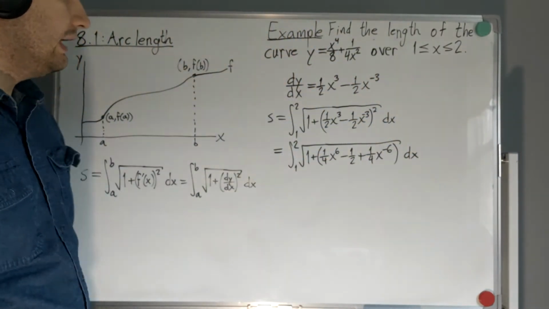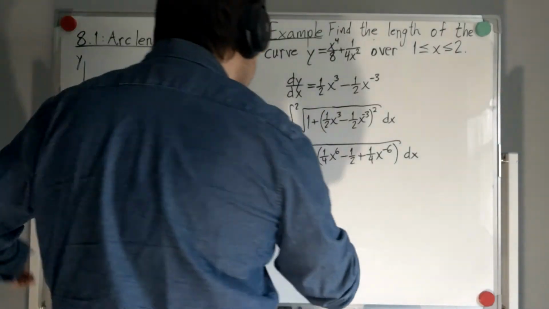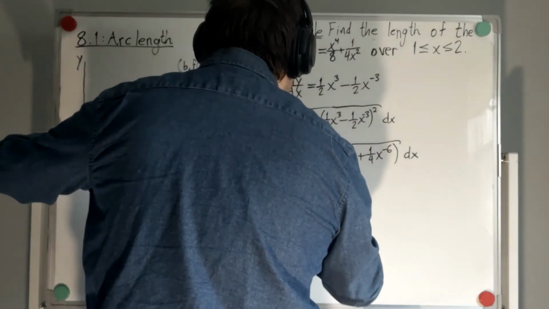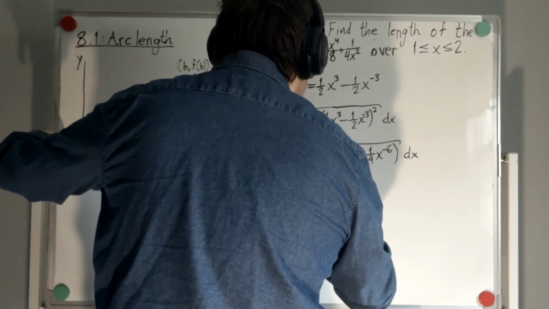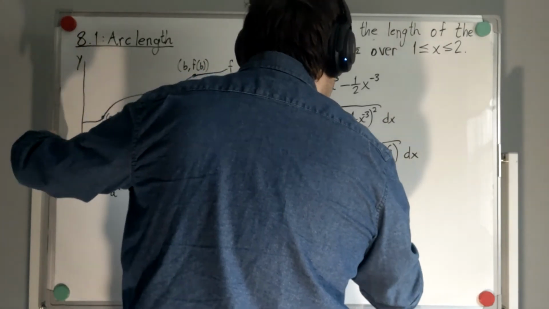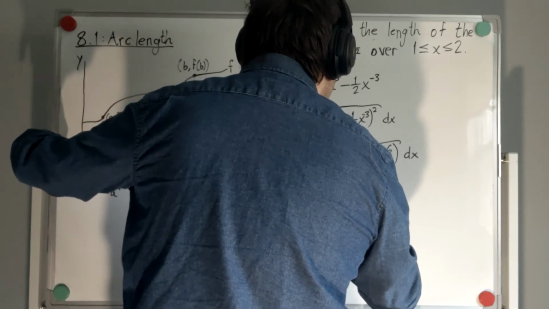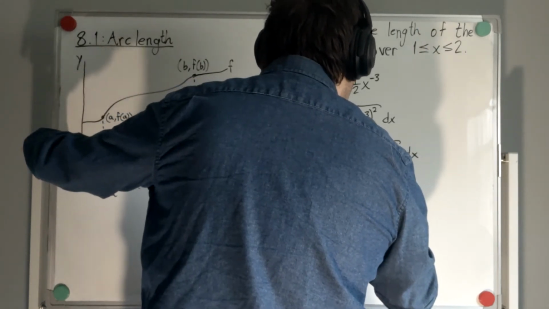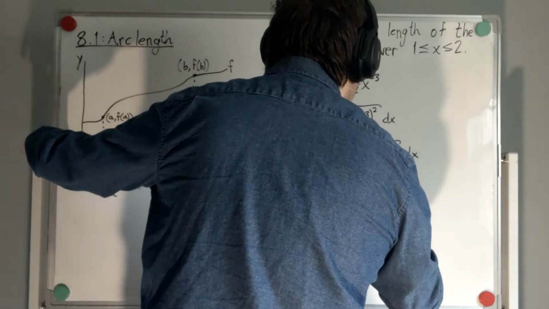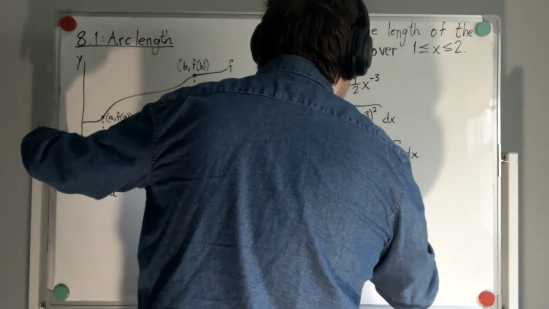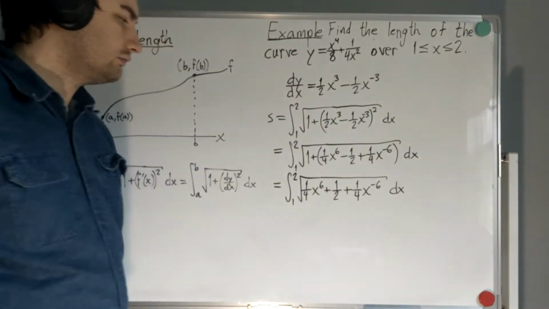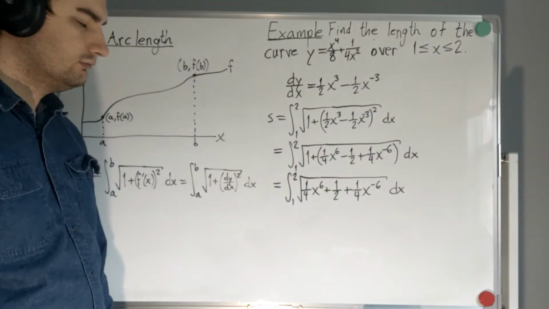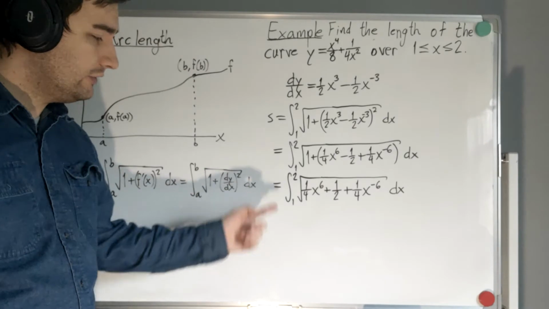One plus negative 1/2 is just positive 1/2, and so then this becomes integral from 1 to 2 of the square root of 1/4 x to the 6th plus 1/2 plus 1/4 x to the negative 6 dx. Okay, so now you just have to do that integral.